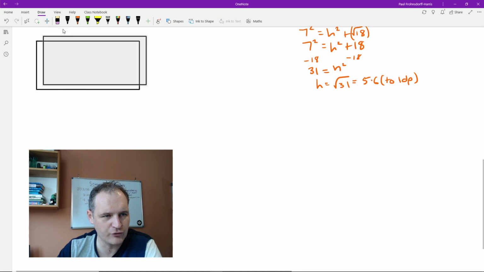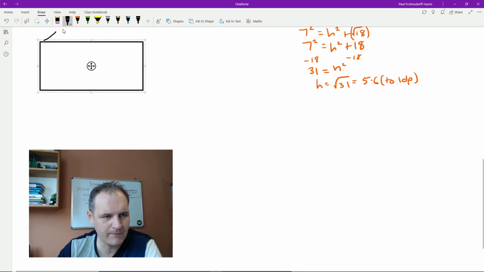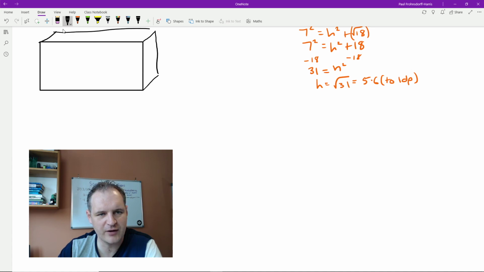I want to draw from there to there, there to there, there to there. Not the neatest straight lines, Mr. Harris. Imagine it was neat straight lines, and we've got 5 centimetres, and we've got 14 centimetres and 3 centimetres.